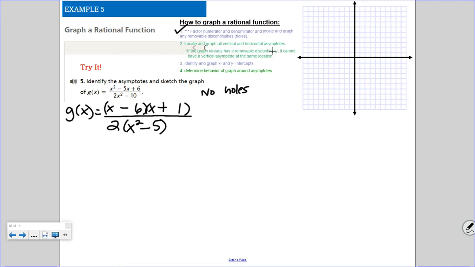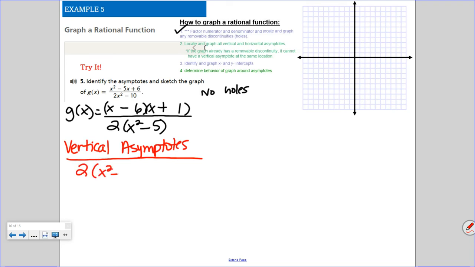Locate and graph all vertical and horizontal asymptotes. So let's find the vertical asymptote first. So I know my denominator is not allowed to equal 0. 2 doesn't equal 0, that's fine.